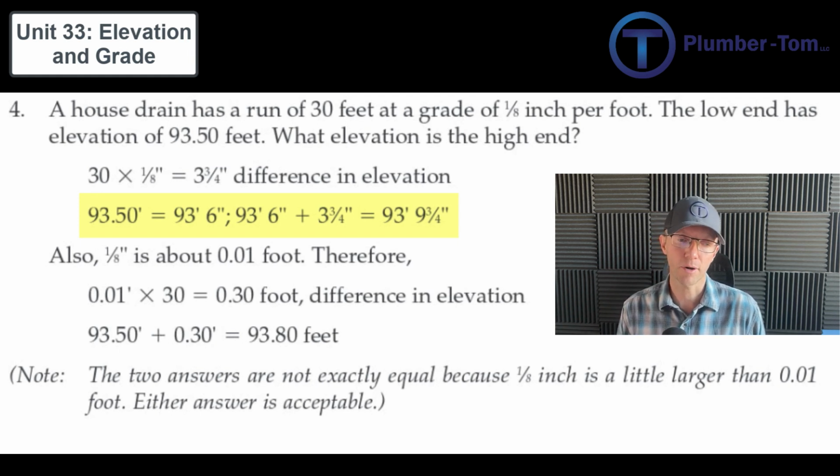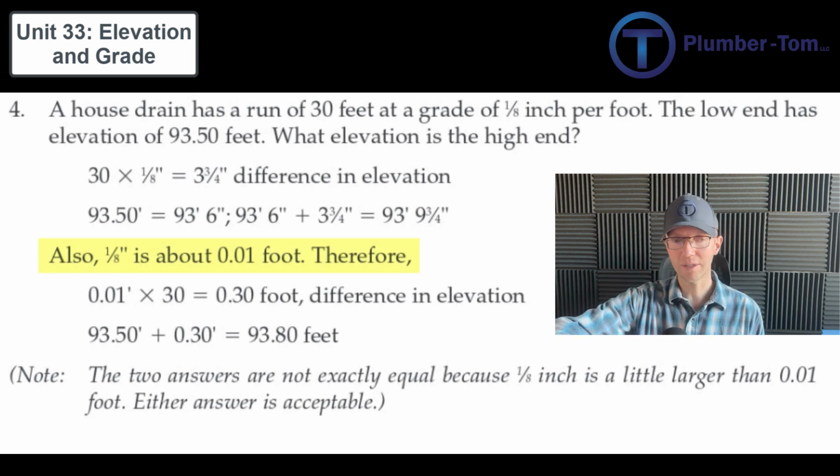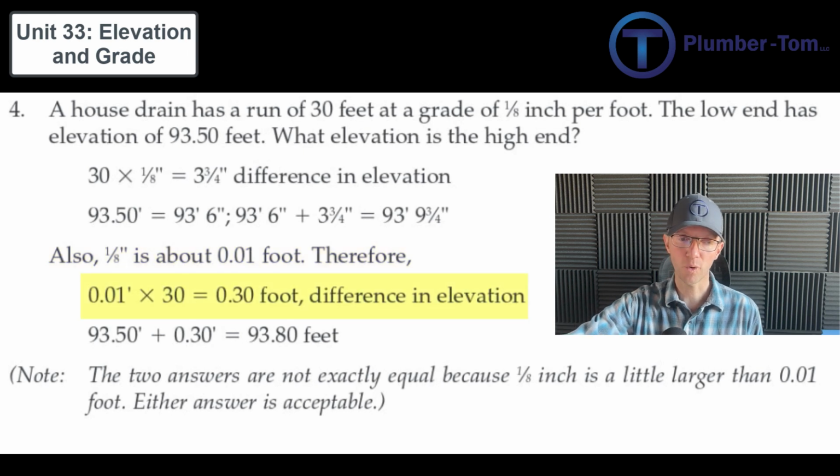Now look at this second part. Looking back over here at sample problem 4 in the book, kind of following through what we did. We sketched it out, we calculated. There is one difference here, and that is that, once again, they're using 1/8 inch as about the same as 0.01 foot at the bottom here. So it says, therefore, 0.01 times 30 would be 0.30 feet as a difference in elevation.